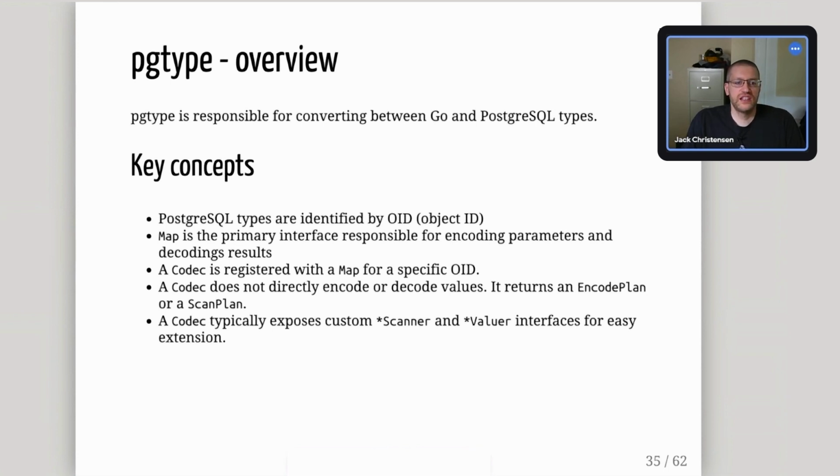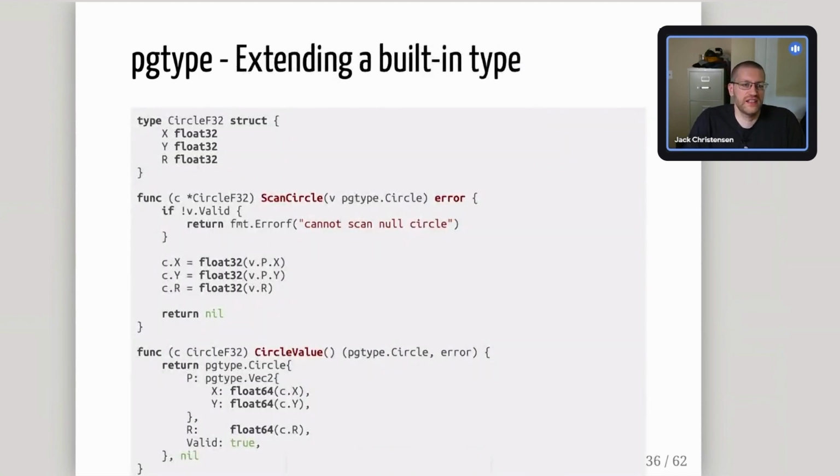Codecs usually have a pretty simple interface for easy extension. So let's look at an example of a built-in type. Let's say we wanted to use Postgres circles, and we didn't want to use float64s. Internally it's a float64, but we really wanted to use float32 just to save space on the Go side.